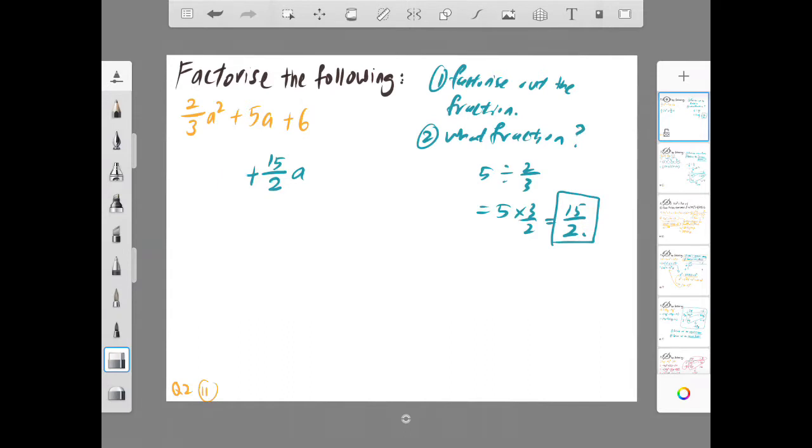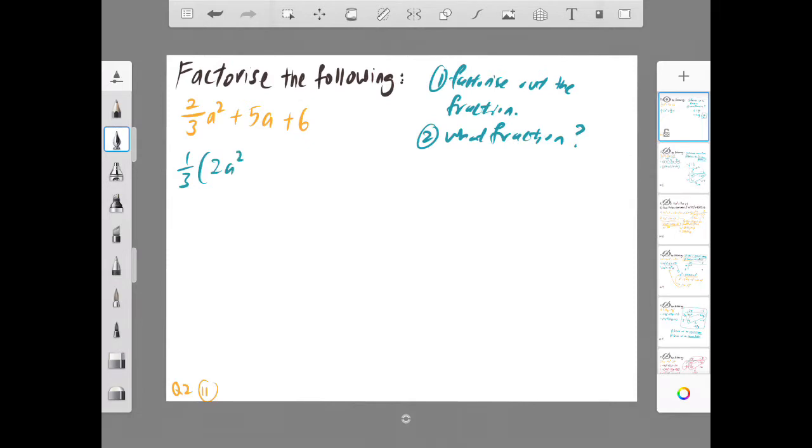So what should we be factorizing out then? I'm going to suggest to factorize out 1/3. So we are left with 2a squared, because 2/3 divided by 1/3 is actually 2 over 3 times 3, which equals 2. That's why it's 2a squared.